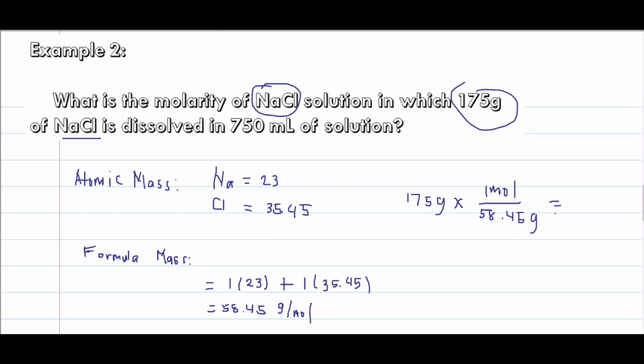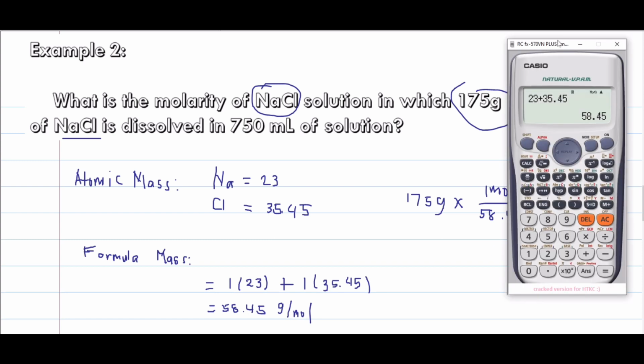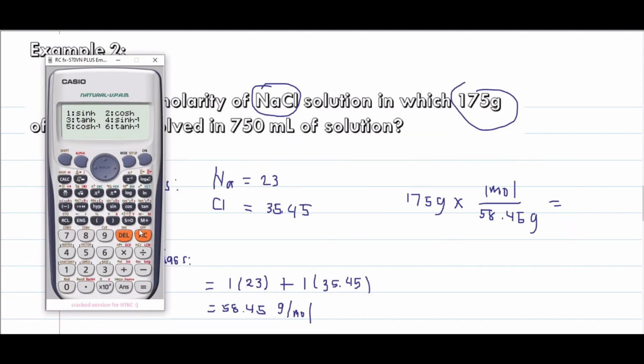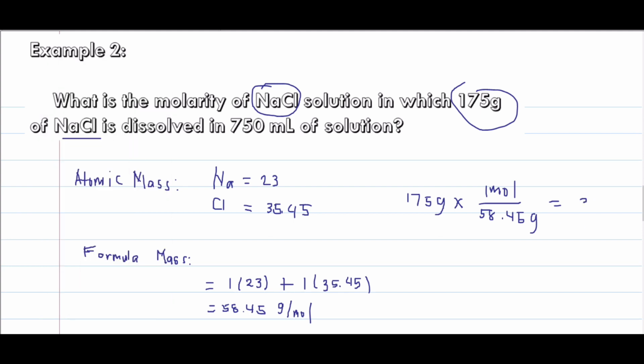Now we can calculate: 175 divided by 58.45 is equal to 3. So we have 3 moles here.